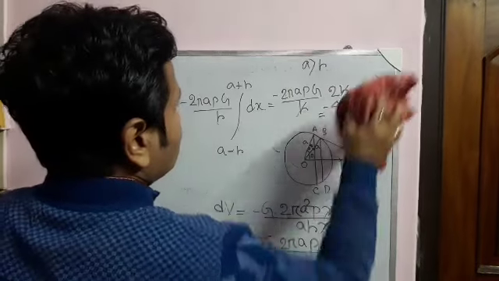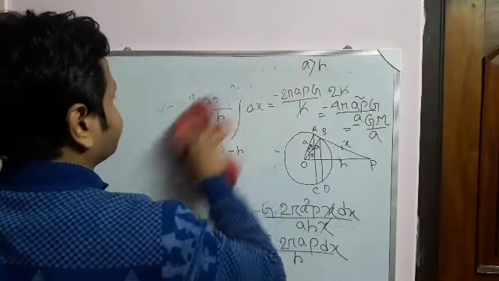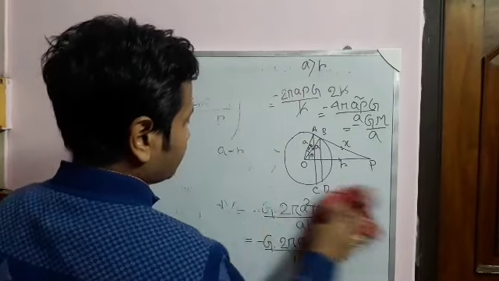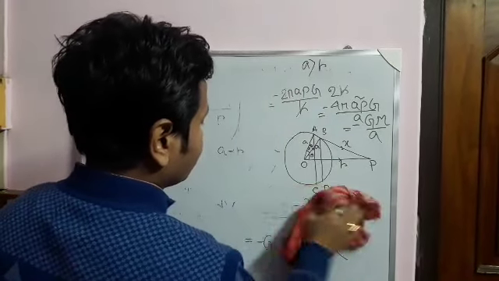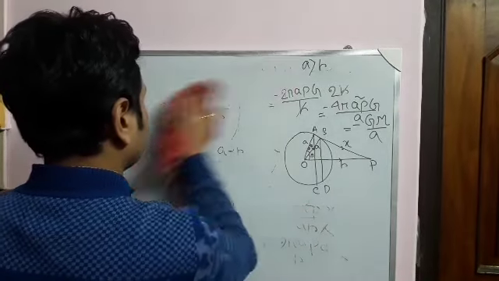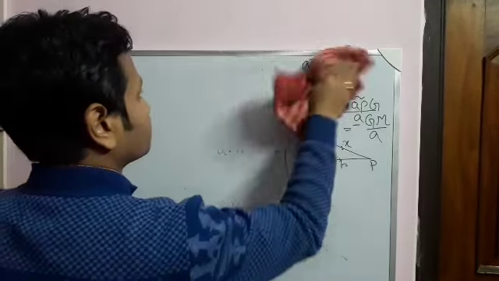So we have seen that the potential varies according to the position of the point P. Okay, and what are their expressions?